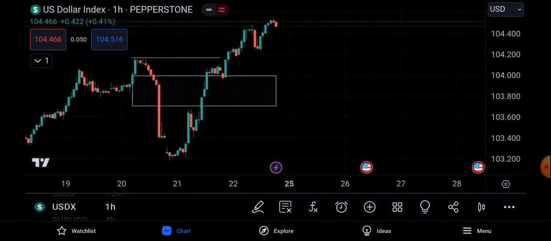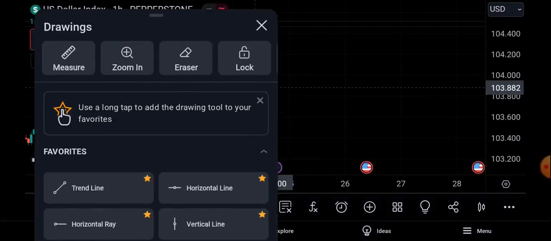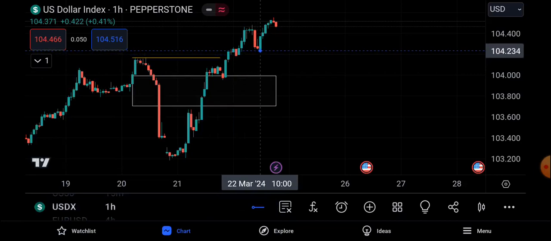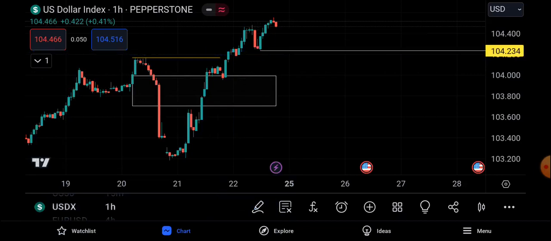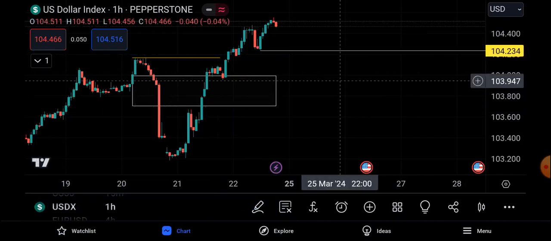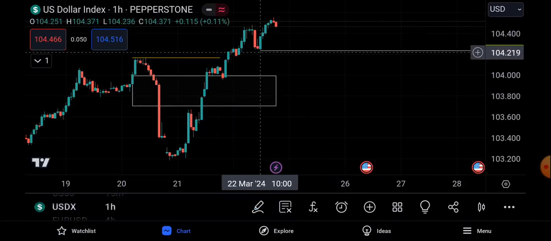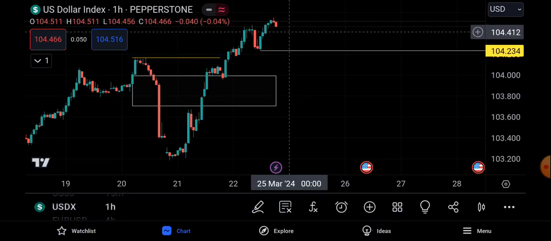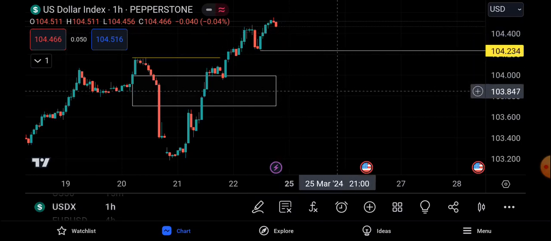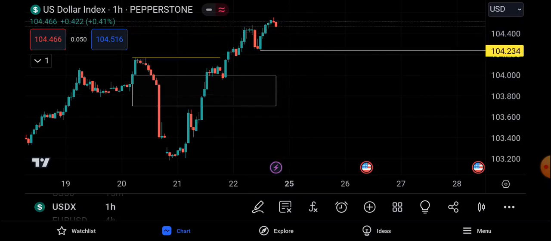On the 1 hour I see something, so I want to put a line here. If you want to be extremely careful, you would probably look for a market structure shift right here with a fair value gap anywhere in here, and then you could sell to get down to here and then buy down there.